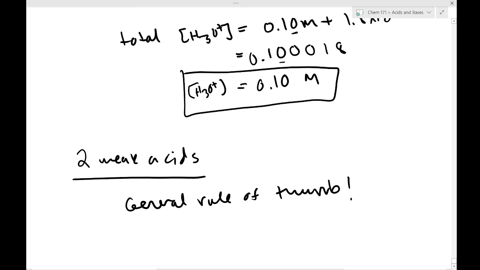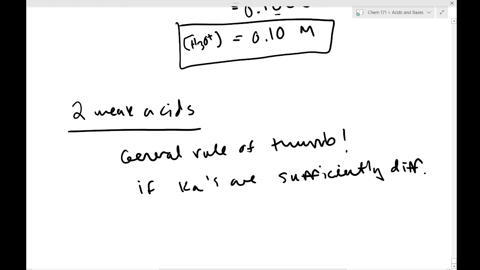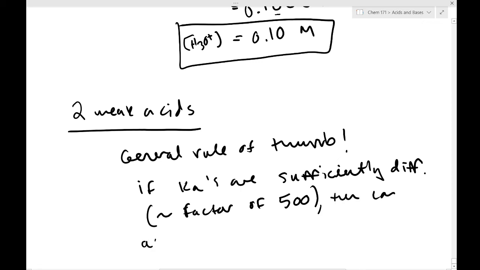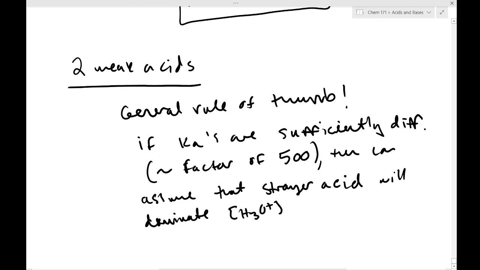If the values of Ka are sufficiently different, let's say by a factor of 500, so that one Ka is at least 500 times that of the other, then you can assume that the stronger acid will dominate the H3O plus concentration.